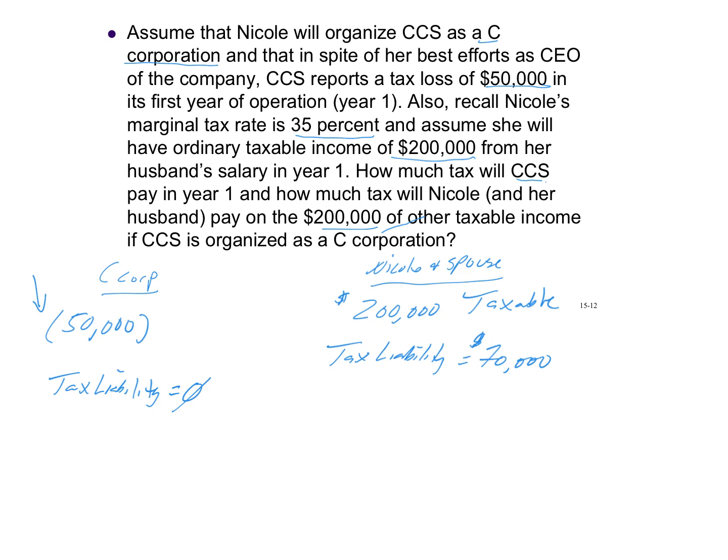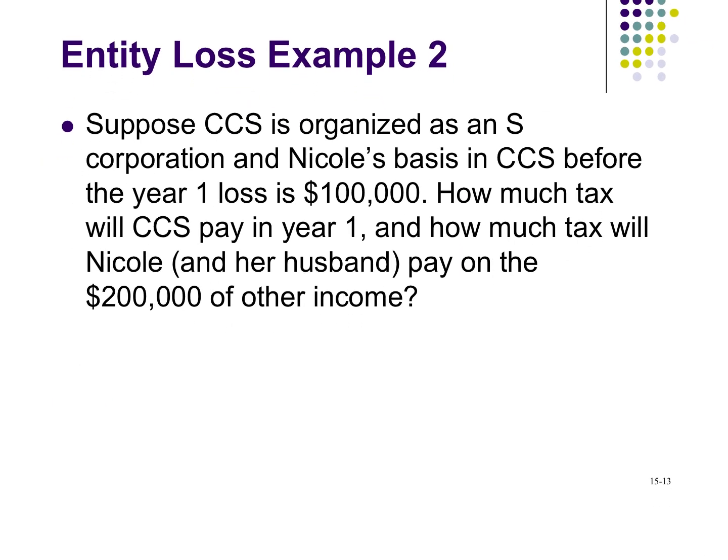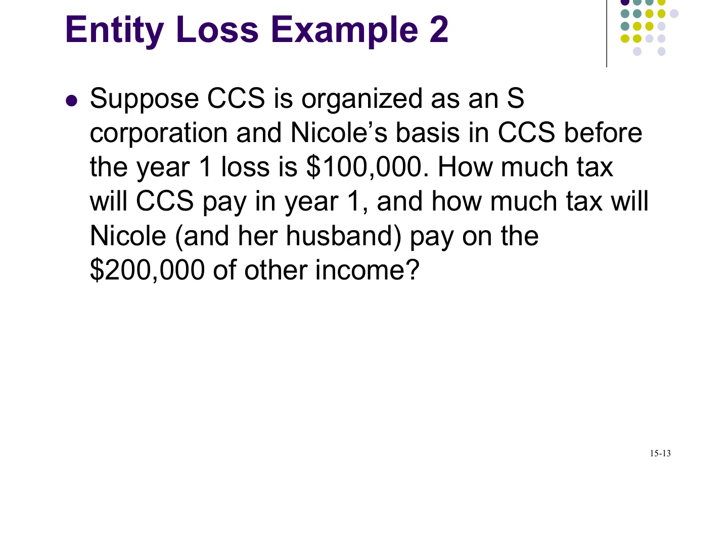Now, if we move forward to the next slide, it says, suppose that we organize as an S corporation, and we're going to assume that S corporation is taxed like a partnership. And Nicole's basis is $100,000.